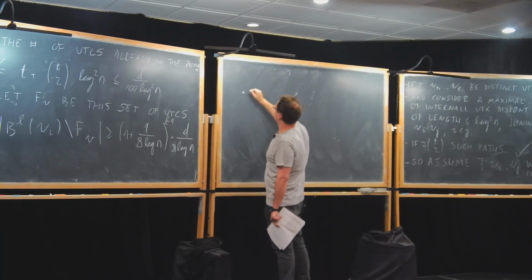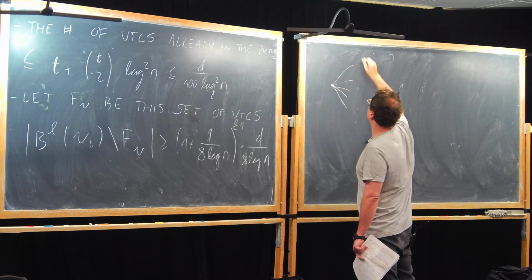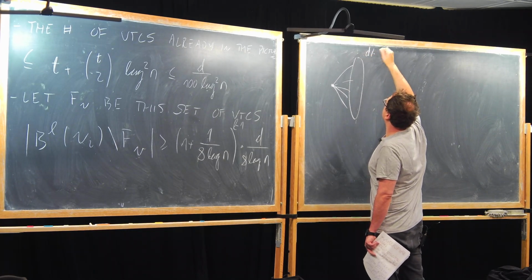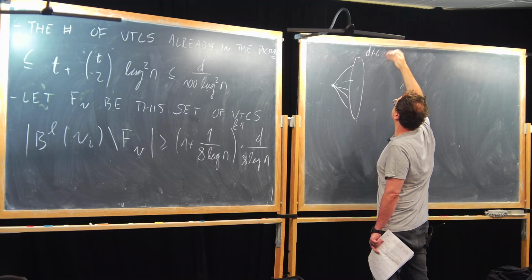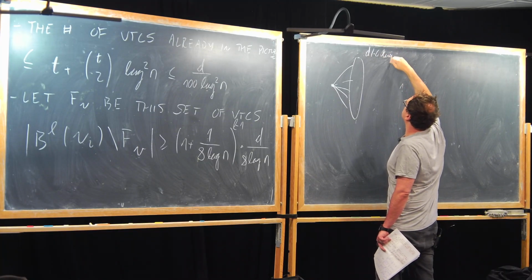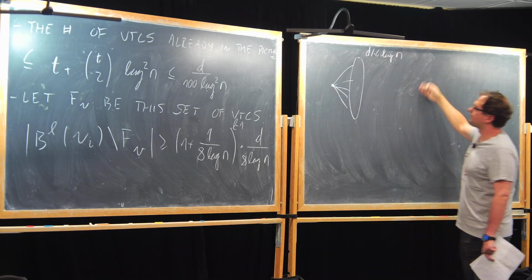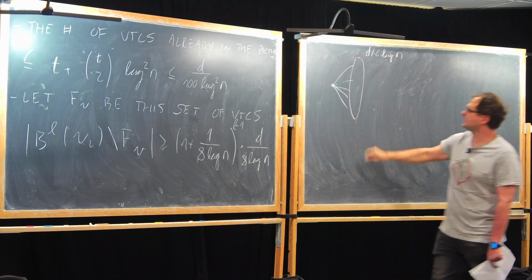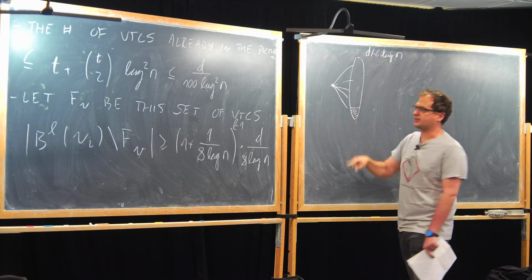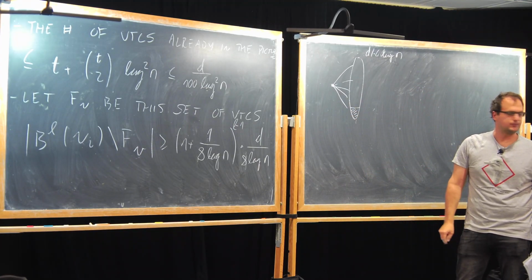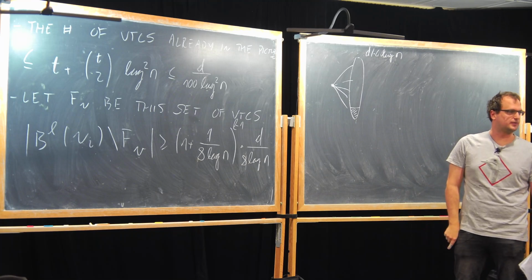So here's a vertex. It has d over 4 log n neighbors at least. And our forbidden set of vertices is at most a tiny bit, so we just forbid it. We took it out as F_V.